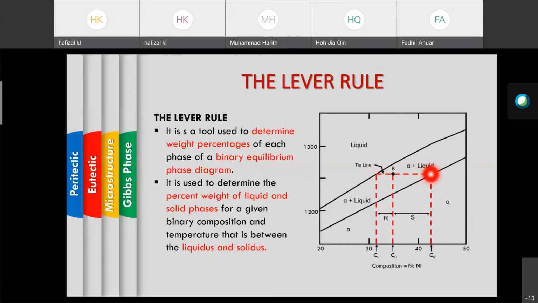The existing phases in this area are liquid and alpha. So we need to determine the fraction percentage of alpha and liquid here. In this case, we can use the lever rule, using the formula to determine the fraction in percentage of composition.